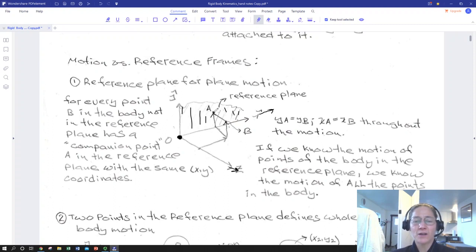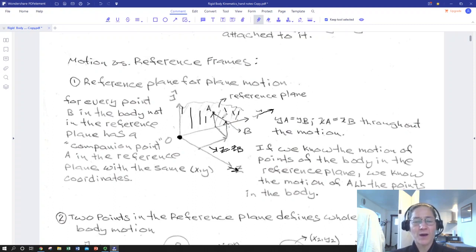And we're going to take a look at some point A in the reference frame. And this rigid body could be sticking out and have other points in the Z direction. And so maybe there's a point B here at another Z equals Z1 or ZB, okay?